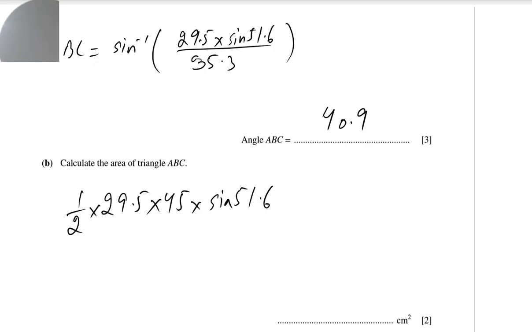So 0.5 into 29.5 into 45 into sine of 51.6. So it is 520.2.